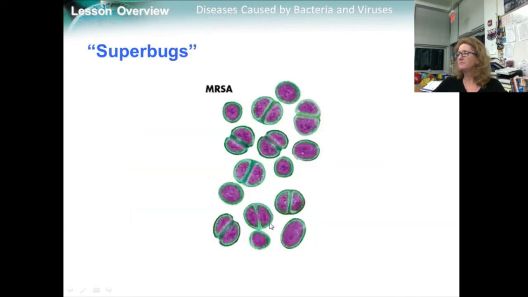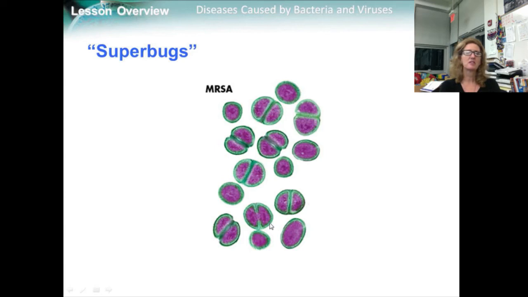An especially dangerous form of multiple drug resistance has recently appeared in a common bacterium. Methicillin-resistant Staphylococcus aureus, known as MRSA, can cause infections that are especially difficult to control.